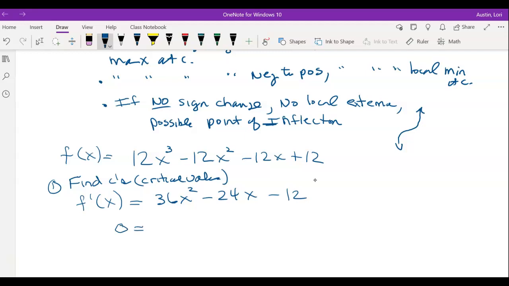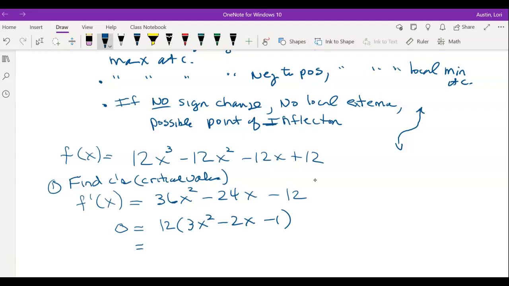I'm going to take out a 12. Please make sure my math is correct as I do this. I'm going to take out a 12 to make this easier. If you divide both sides by 12, the 12 is gone. Does everybody see that? Negative 3 and 1.